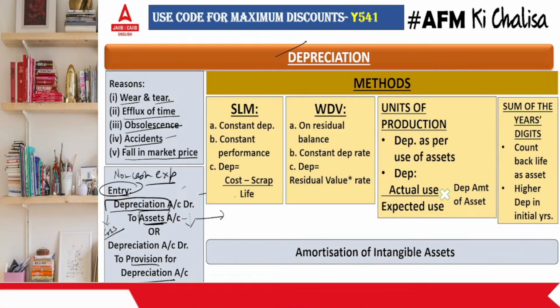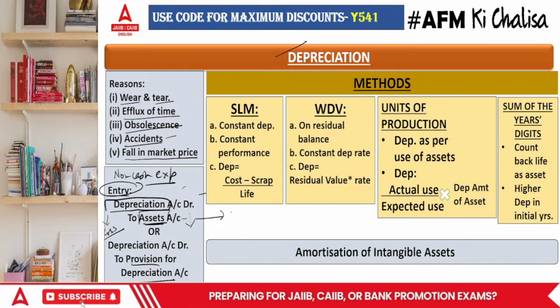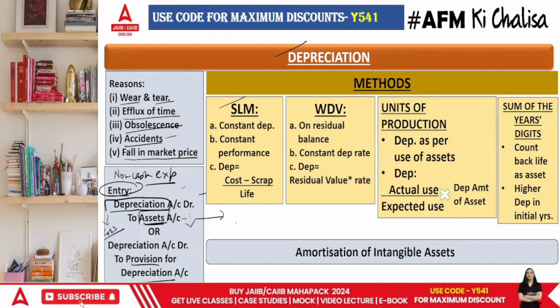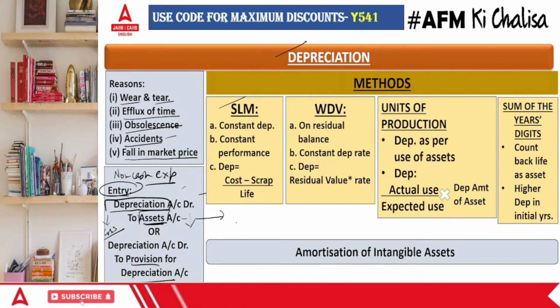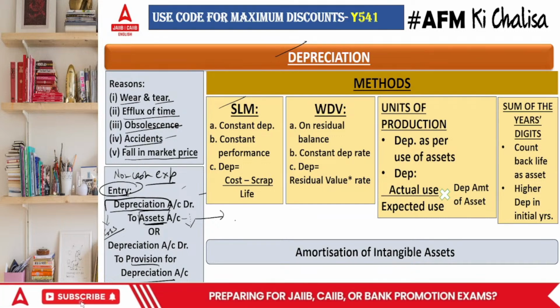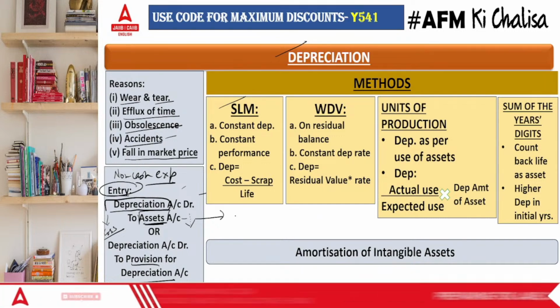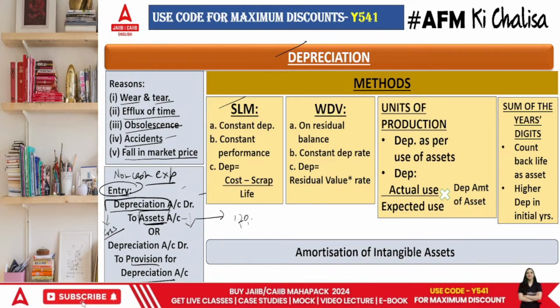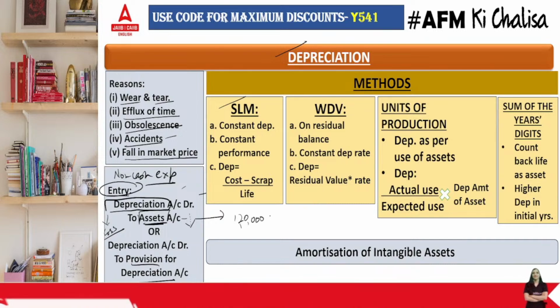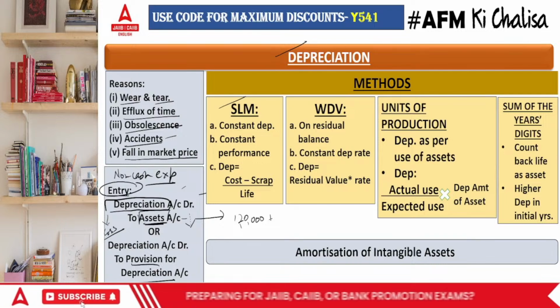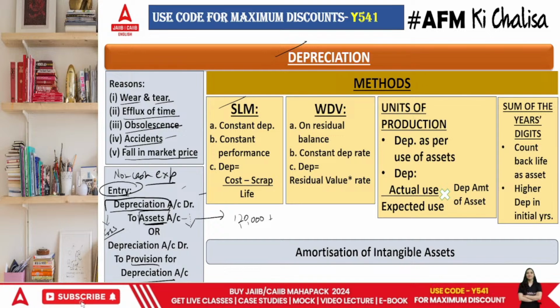If the same amount of depreciation is to be charged every year, then we use the straight line method, SLM, also called fixed installment method, also called original cost method. Under this method, if the value of your asset is 1,20,000, everyone remember installation cost is also a part of your cost, because without paying the installation, you cannot use that asset.